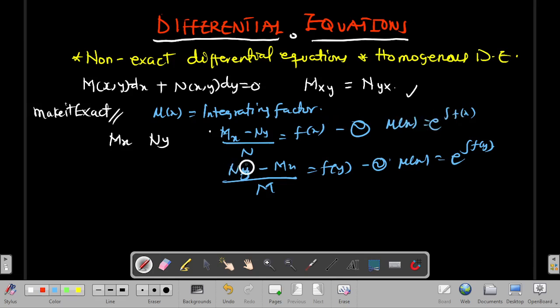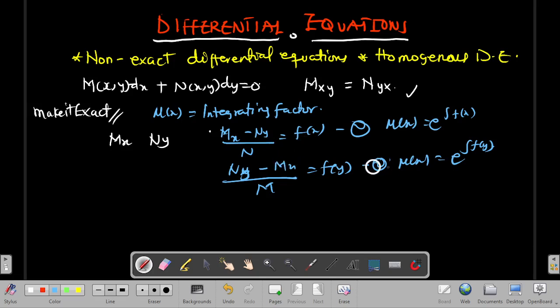Or I can subtract M_y from N_x and divide it by M, and I'll get a function of y. So my integrating factor then becomes e to the power integral of f(y). You can go by either of these, but sometimes the function may be very complicated, so we go by the easiest approach.